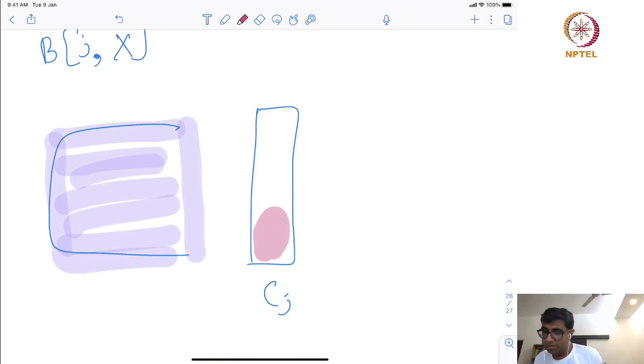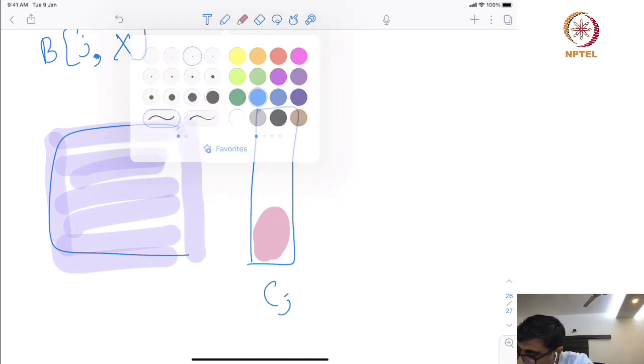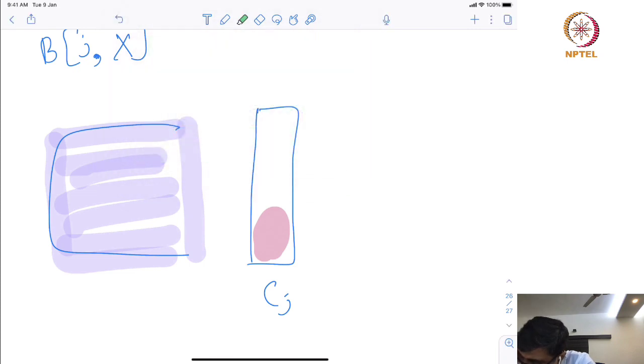So, what I am saying is, what is the max weight possible independent set in Gj minus y? Look at the maximum weight independent set. Notice that it could consist of some set here and some set here. I do not know which set it is.